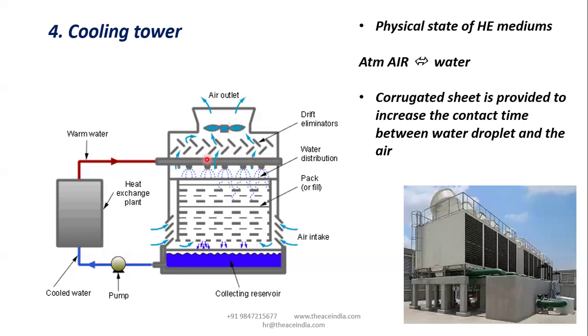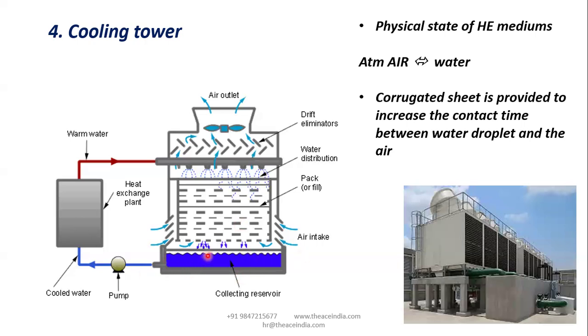These drift eliminators will condense the water droplets or the water vapor or the moisture in the escaping hot air. So that's the purpose of drift eliminators. And this condensed water falls again over the pack arrangement and then to the collecting reservoir.